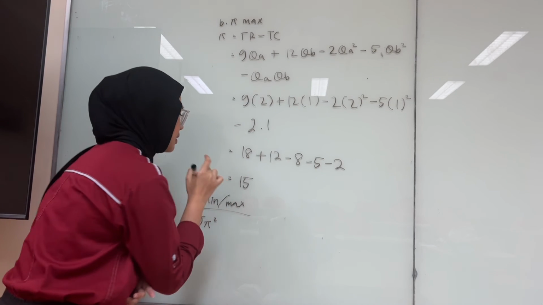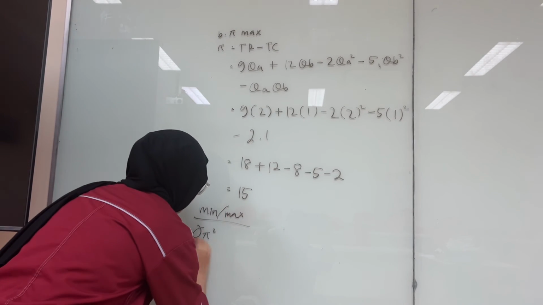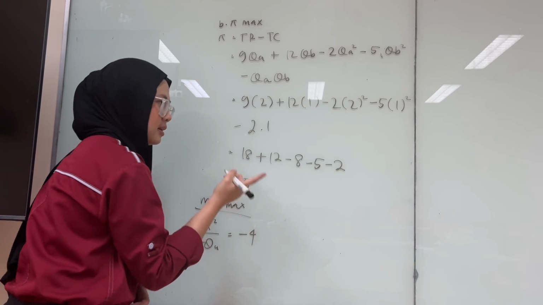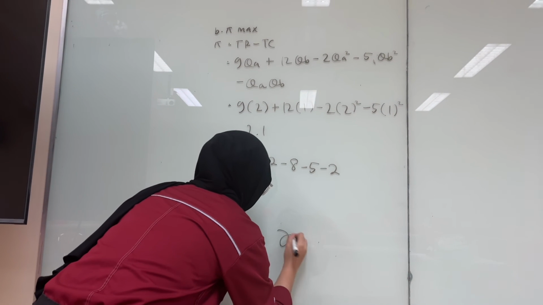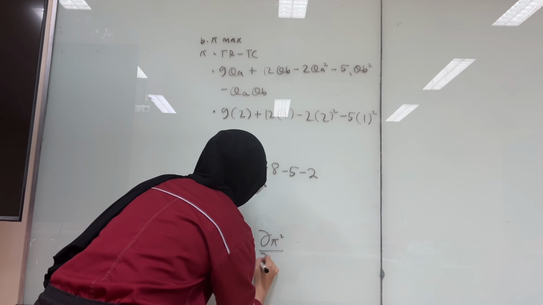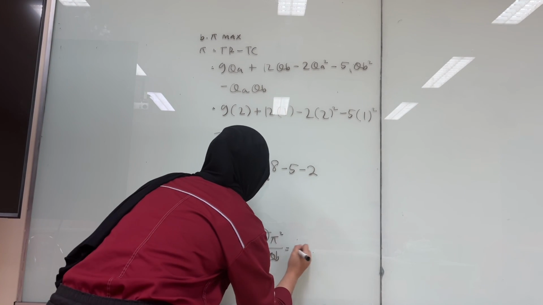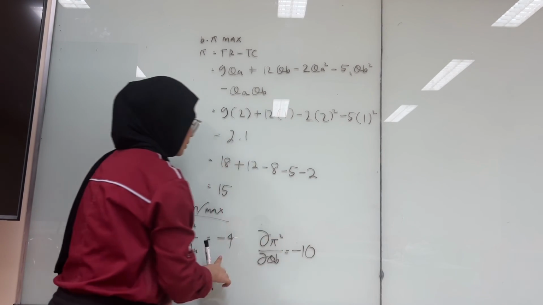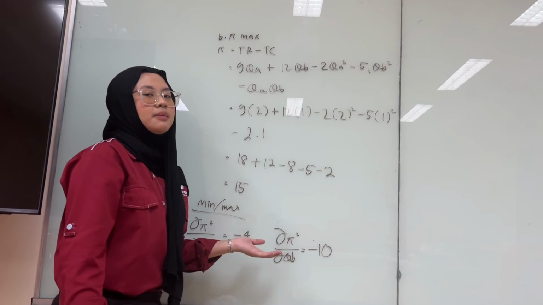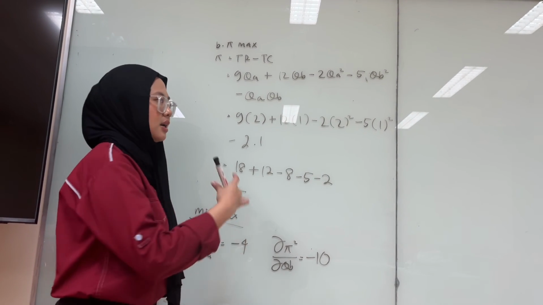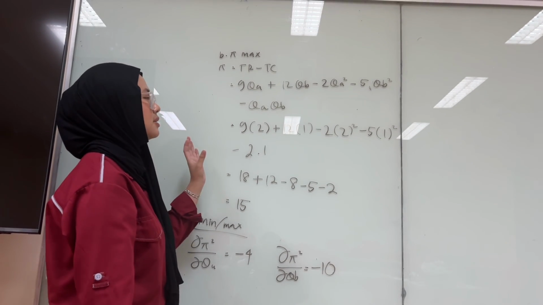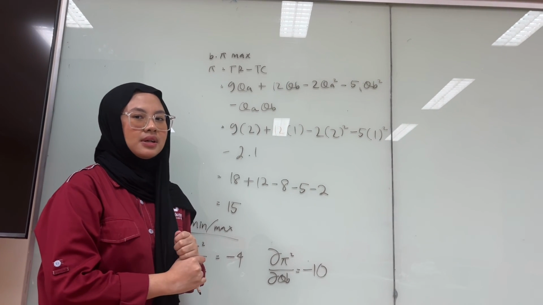The second derivative of this function with respect to QA is equal to -4, and the second derivative of the profit function with respect to QB is equal to -10. Because both products A and B have second derivatives less than 0, it means that this function has a maximum value.